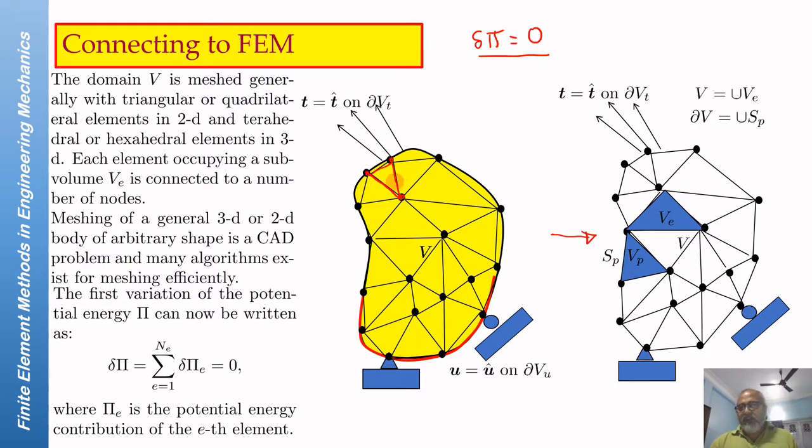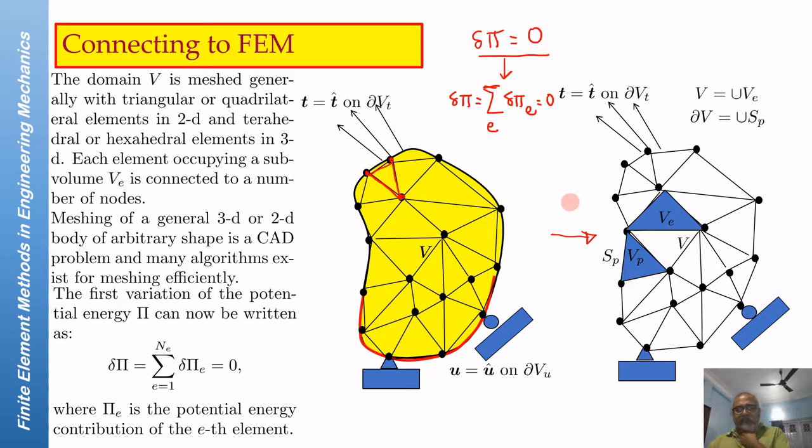And now, since you have divided things up into elements, then you are basically imposing that the summation of the elemental variations, first variations of the elemental potential energies, have to be equal to 0. So this is what we are going to impose, and this is what we are going to look for.